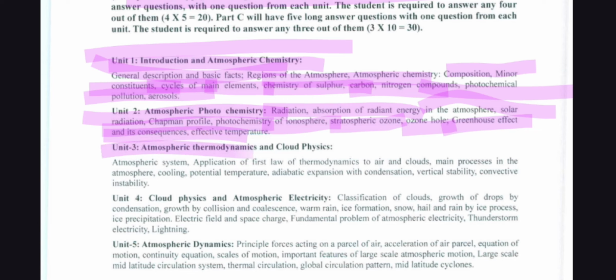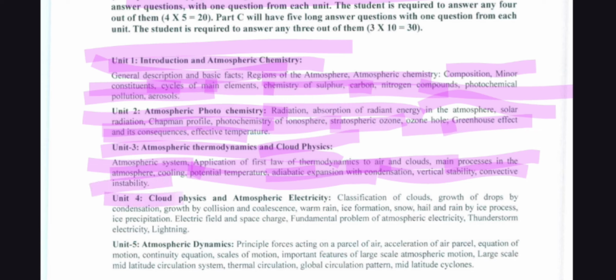Unit 3 is here, atmospheric thermodynamics and cloud physics: atmospheric systems, application of first law of thermodynamics, main processes in the atmosphere, cooling, potential temperature, adiabatic expansion with condensation, parcel stability, convective instability.